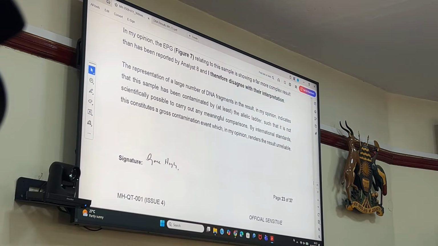My question is, what is the overall impact of that level of contamination that you have described to my lord on the DNA results in this case? In my opinion, in the absence of any investigations, rework on all the samples, none of the DNA samples are fit for evidentiary purposes and should be disregarded.